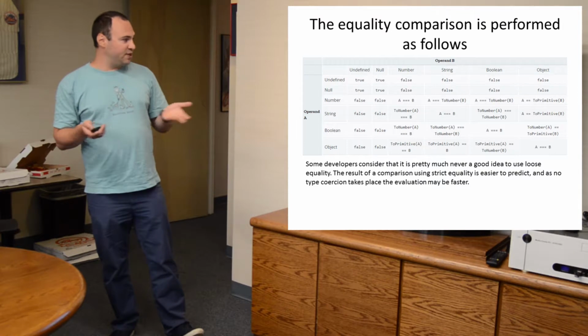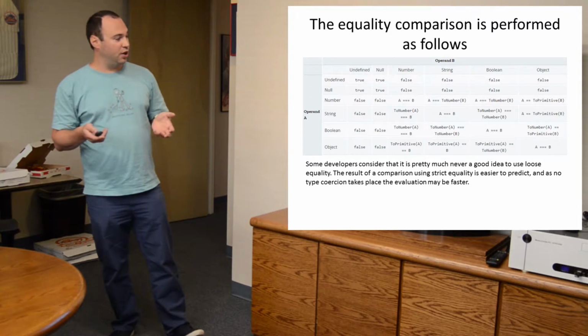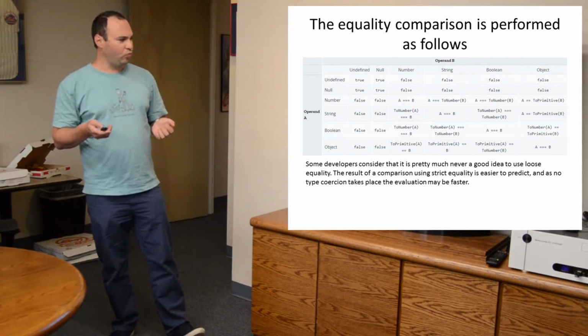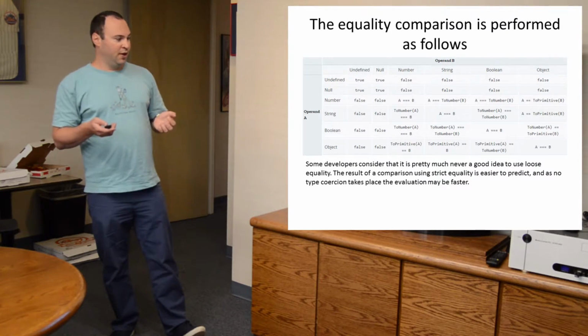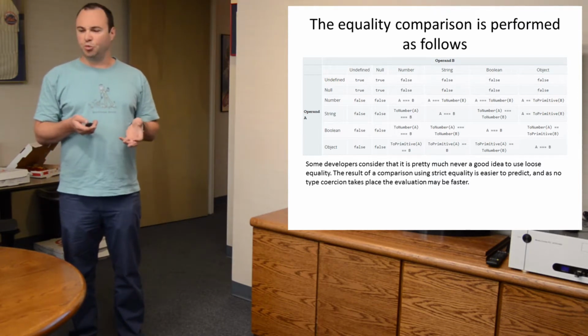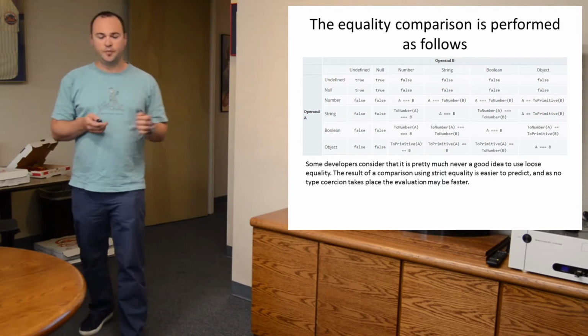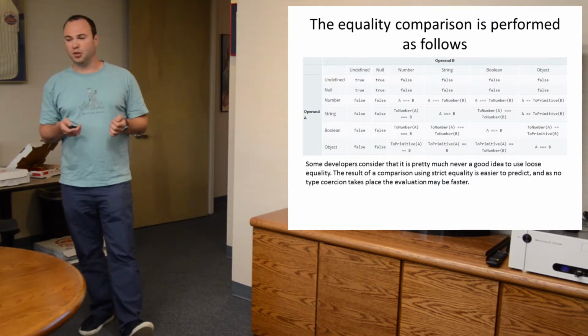But yeah, basically, there are some rules as to what is converted in a loose equality comparison. And really, the comment there is that you really shouldn't be using loose equality except in a limited number of cases. You should pretty much always be using strict equality.